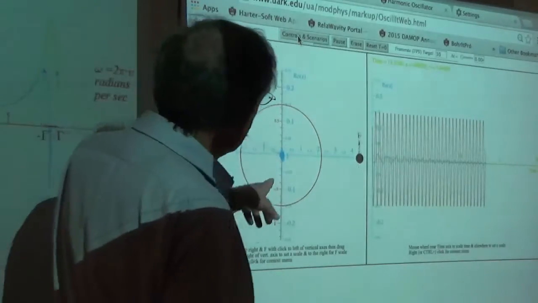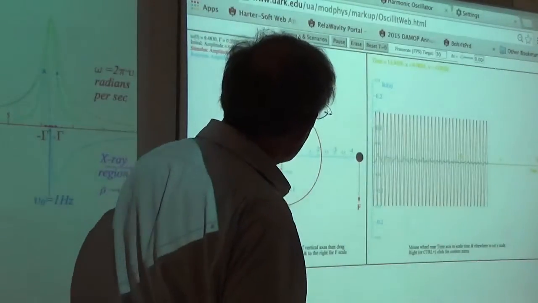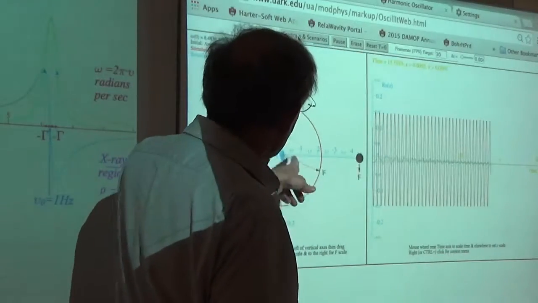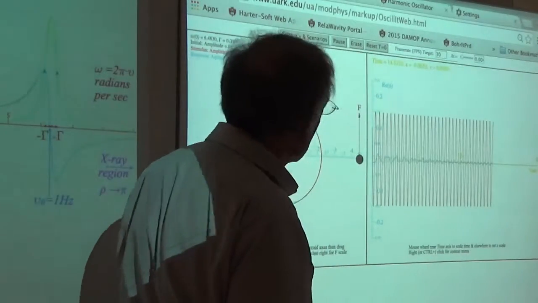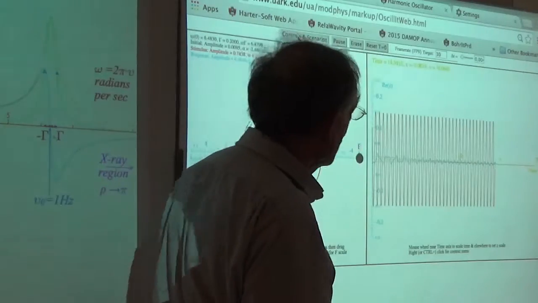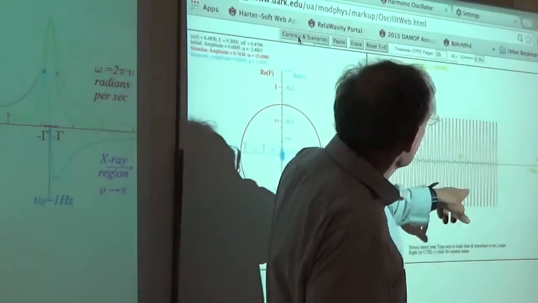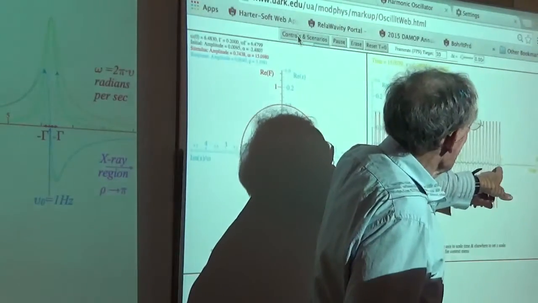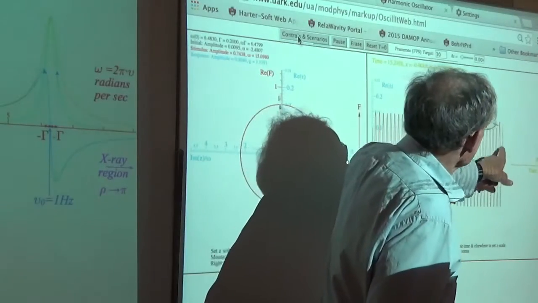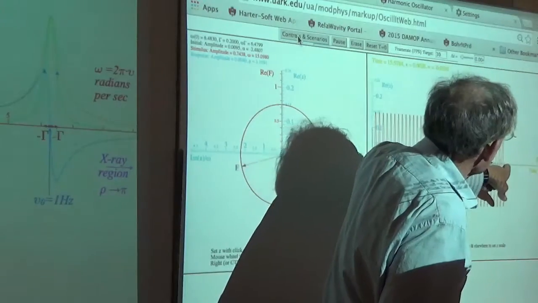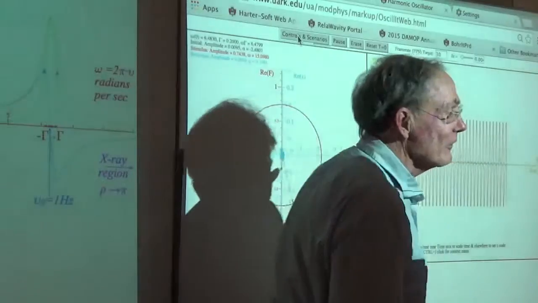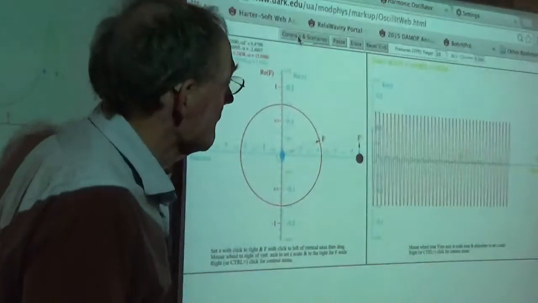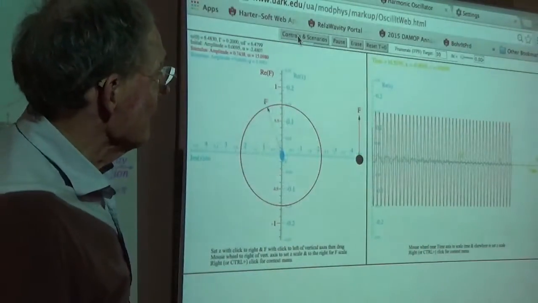And it looks like the Z is on the right side now. It's pi out of phase. You can look over here and see, indeed it is pi out of phase. When this one zigs, that one zags, and when that one zags, this one zigs, and so forth, right? See the little blue curve there?